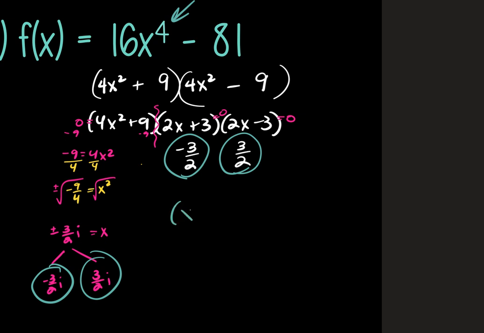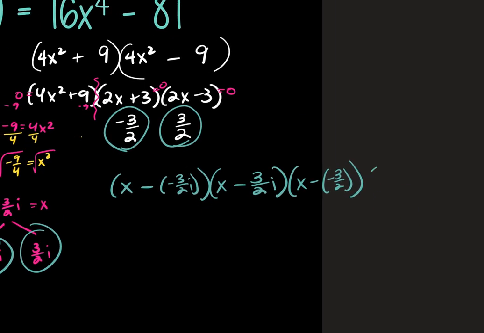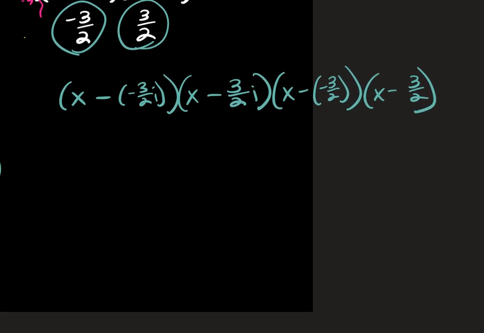Now I got to write them in terms of linear factors. So I get x minus a negative 3 halves i, x minus a positive 3 halves i, x minus a negative 3 halves, and x minus a positive 3 halves. And I got to get rid of my denominators, and I got to get rid of my parentheses. So this 2 comes over here.